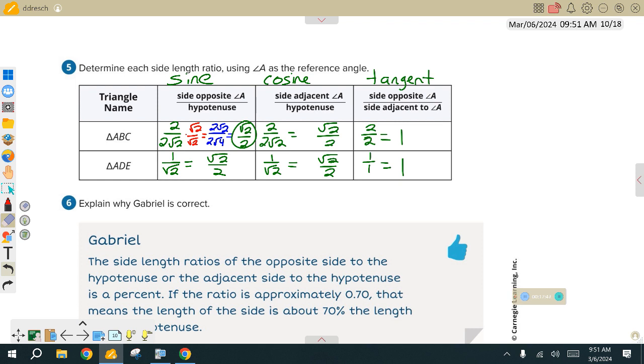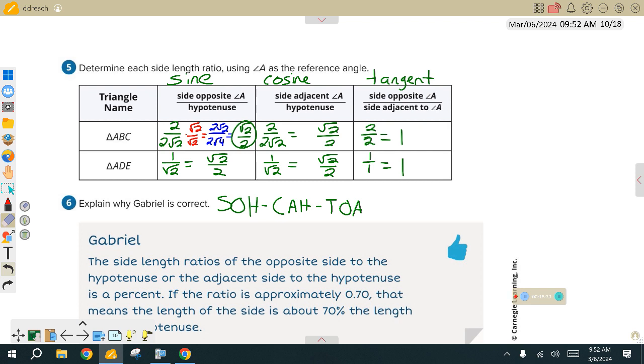But this sine ratio, we're going to start talking about one of our good old mnemonic devices. Sine comes from that S: opposite over hypotenuse. Cosine comes from that C: adjacent over hypotenuse. T for tangent, opposite over adjacent. Every math teacher you talk to, and everybody that's gone through geometry, uses SOHCAHTOA as a mnemonic device.